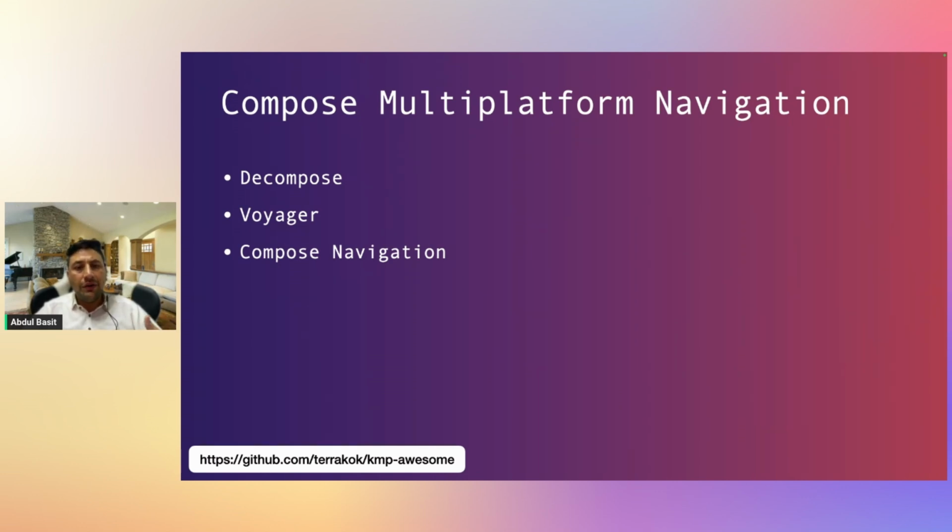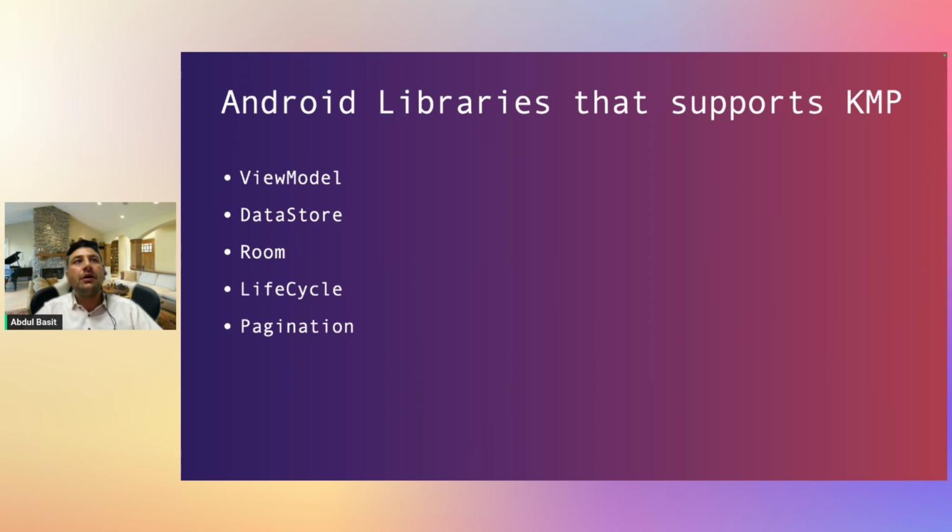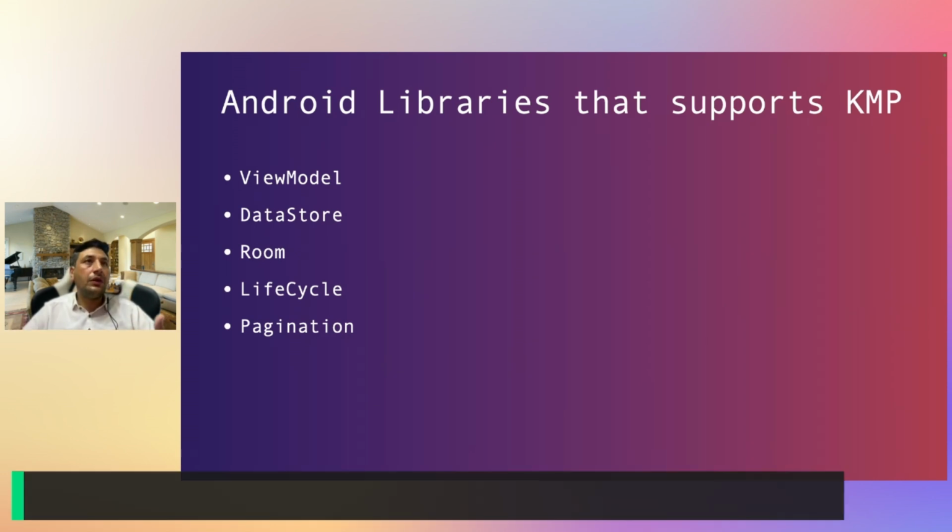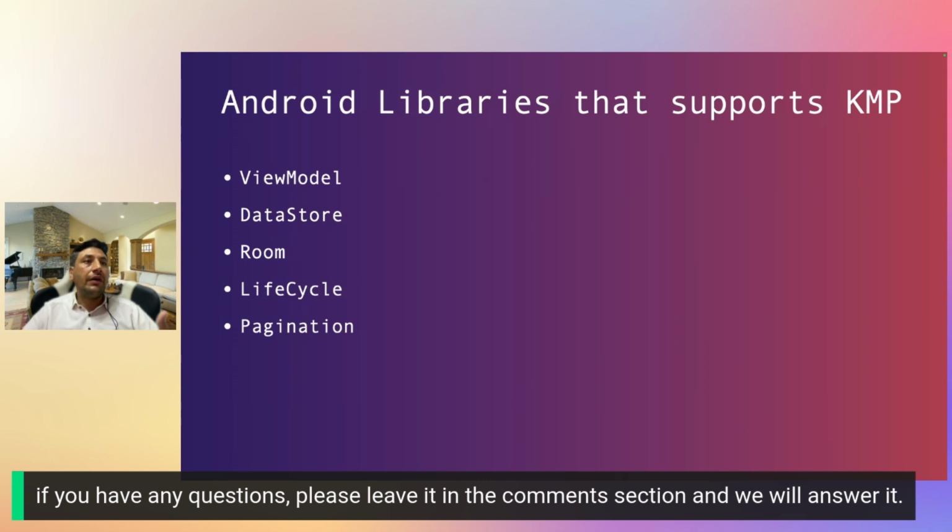So nowadays you can think of developing a multi-platform application the same as a Compose Android application, because a lot of libraries are supporting KMP now. View model now supports KMP. We have data store, room, lifecycle, pagination, and a lot of other Android libraries adding support for KMP.